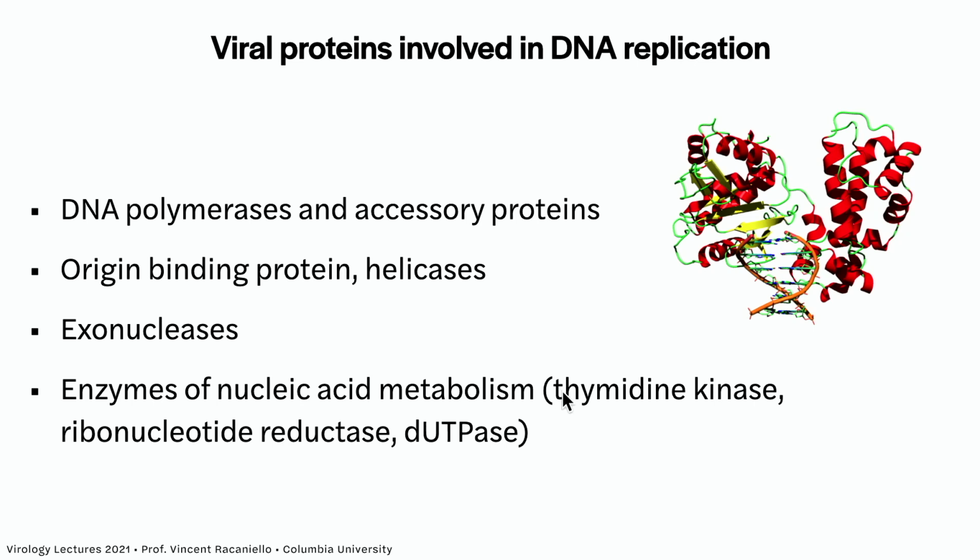Small genomes don't encode these, but some of the larger viral genomes do, like thymidine kinase, which is encoded by herpesviruses, ribonucleotide reductase, dUTPase. So the triphosphates are needed, right? And so there are enzymes that make them, and sometimes the viral genome encodes them.